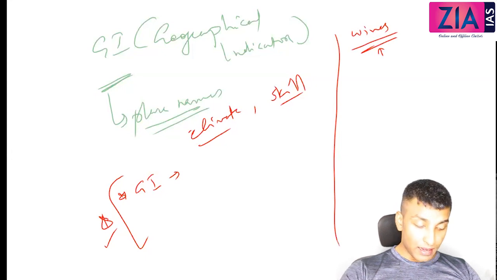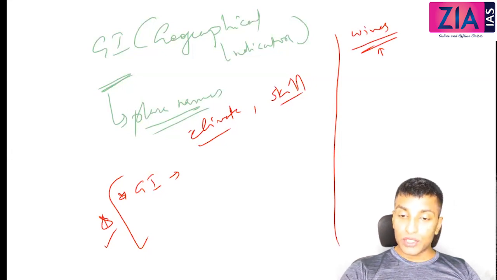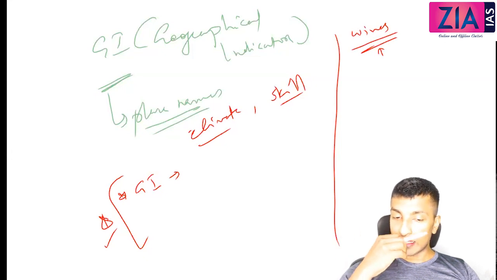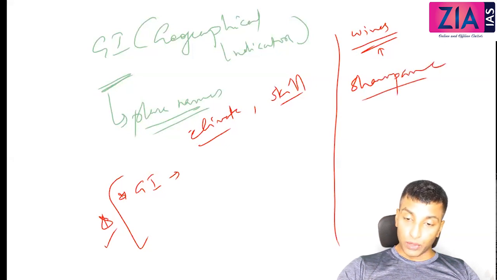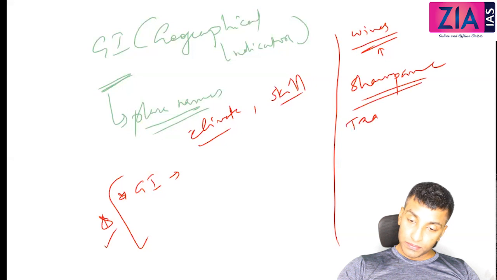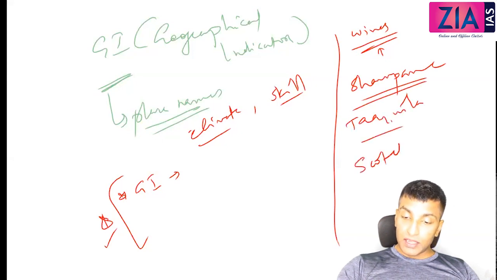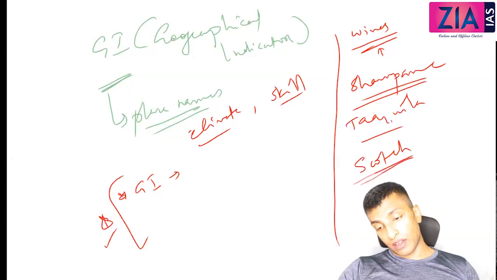Like champagne, tequila, scotch. How many of you know that these are place names? Champagne was a geographical indicator. It's the name of a city only. Tequila, okay, again the name of a city. Scotch. So these were the initial ones.